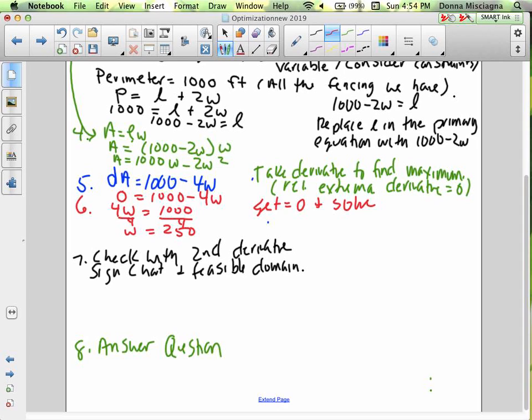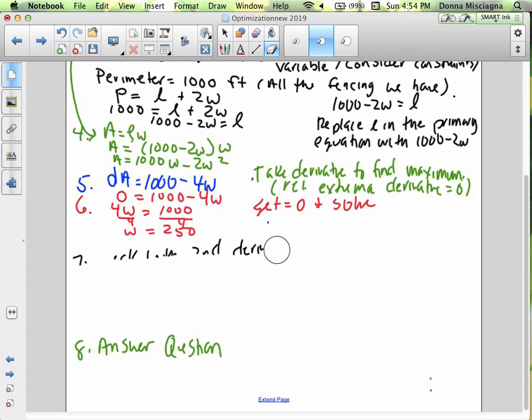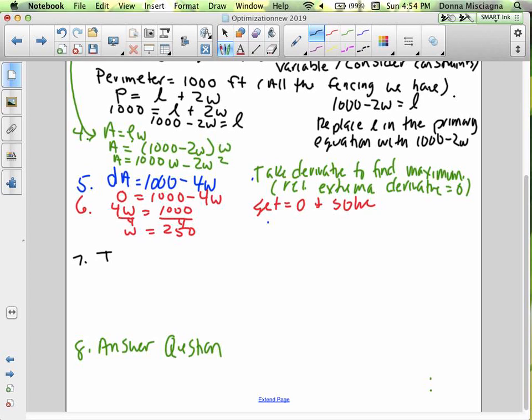We're going to check that critical point by checking the second derivative. We're going to use a second derivative test to tell us. And boy, I'm going to rewrite that a little nicer. I don't know what happened that day when I wrote this in, but that's really sloppy. So we're going to take the second derivative to verify.